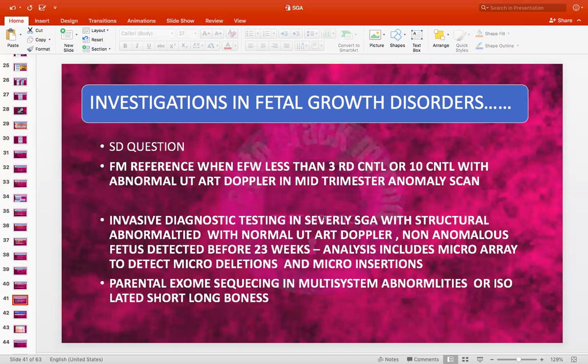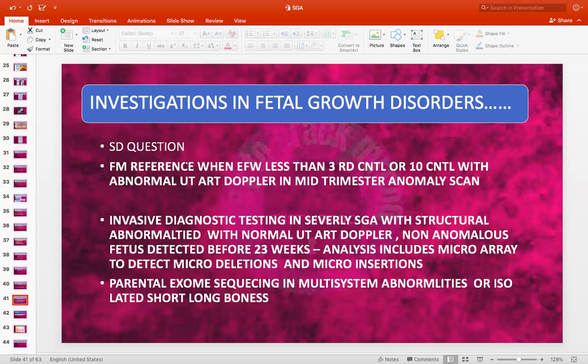And what are the criteria? Severe SGA, structural abnormality, and normal uterine artery Doppler. And the third is parental exome sequencing, if there is a multi-system abnormality in the baby or the long bones are shorter. So we offer exome sequencing.